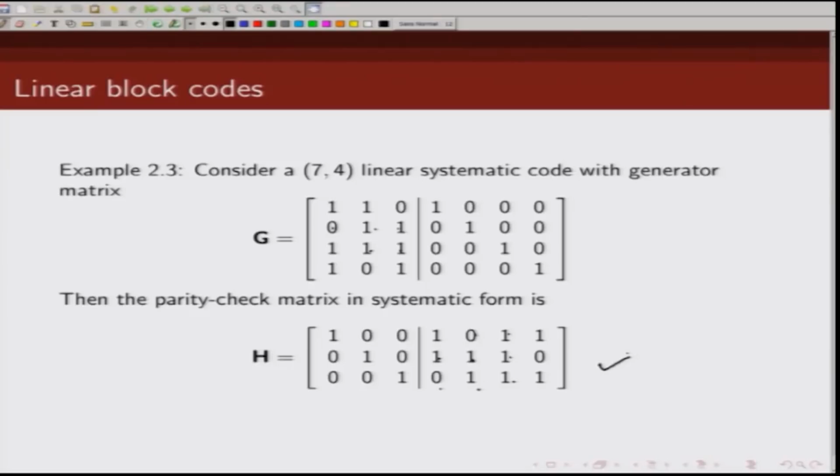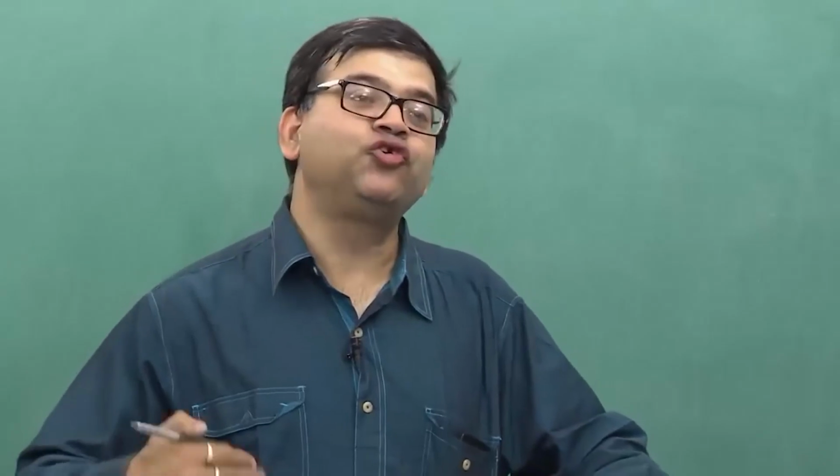So, whether you are given a generator matrix or a parity check matrix, your linear block code is completely specified by either of them. As I said, we use the generator matrix to generate our set of code words, whereas the parity check matrix, as the name suggests, is used to check whether the parity check constraints are satisfied.